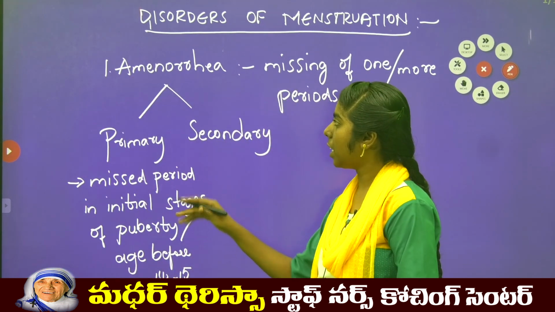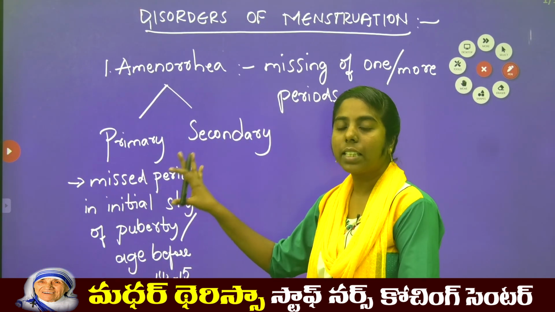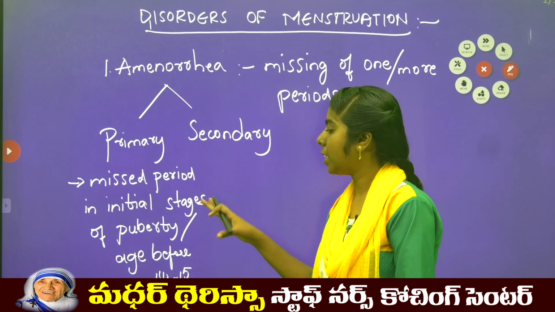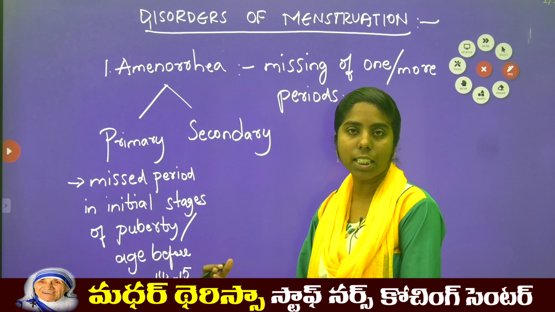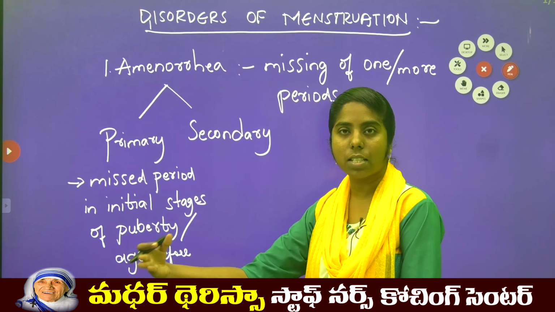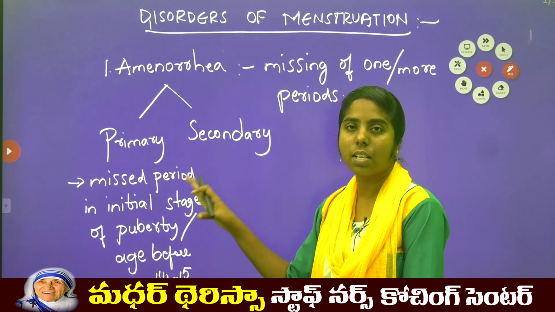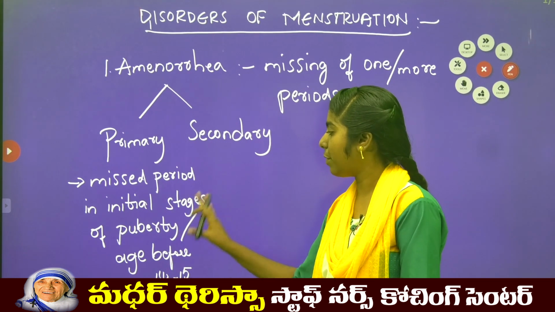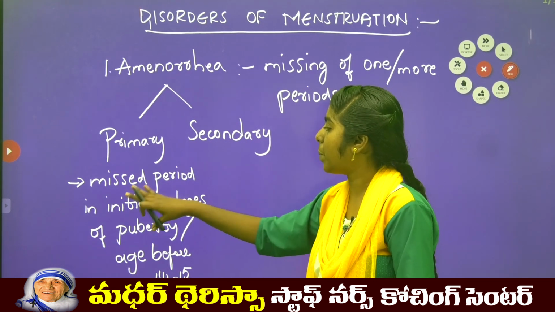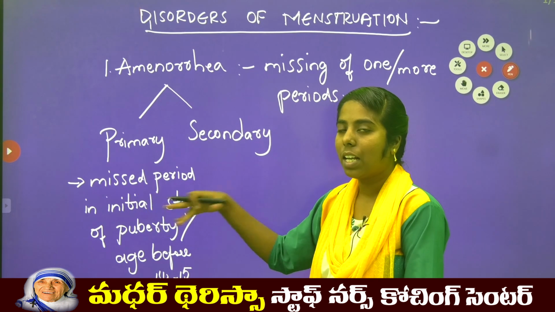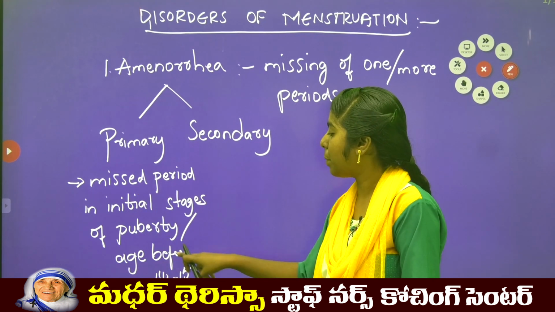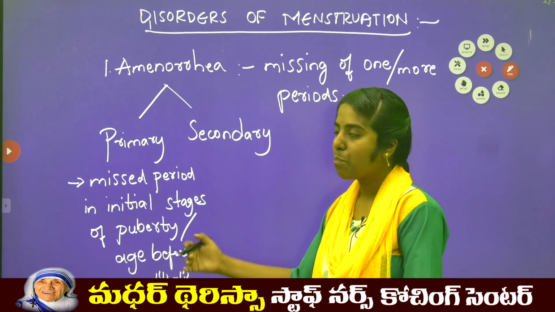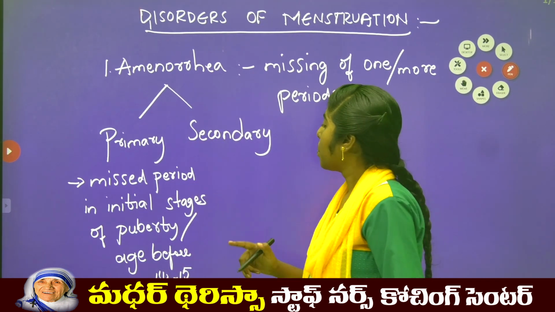This is primary amenorrhea. It is considered a missed period in the initial stages of puberty. That means whenever she attains menarche, if she misses one or more periods in the initial months, or, if you are not able to remember the initial stages of puberty, you can consider the age before 14 to 15, it is called primary amenorrhea.